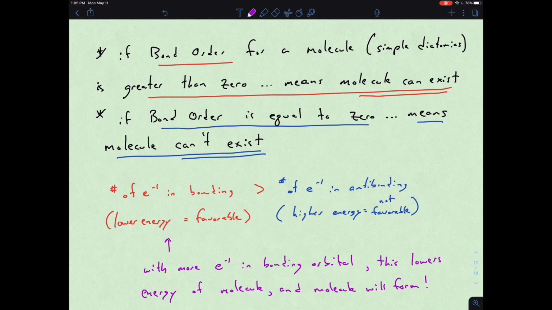Because these elements are trying to get to lower energy. If the net result of sharing electrons or bonding doesn't lower their energy, then they're not going to do it. So there are examples where we don't have certain molecules because it's just not a net lowering in energy of the elements. So they just don't do it at all.